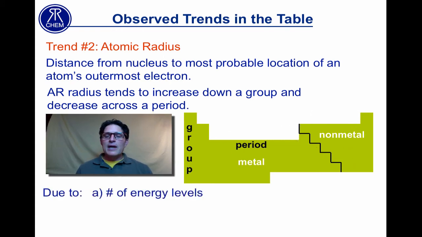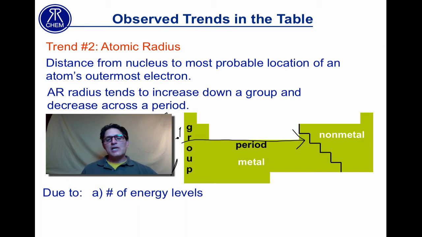Let's explain why these trends occur with atomic radius. There's an increasing number of energy levels. So going across a period, we're staying at the same energy level, which means that the electrons that are being added to each element as we're building these elements and increasing the number of electrons, each of those electrons is being added at the same energy level. As we go down a group, that changes though.